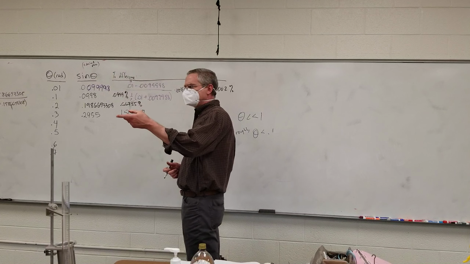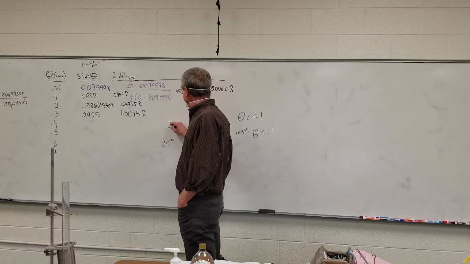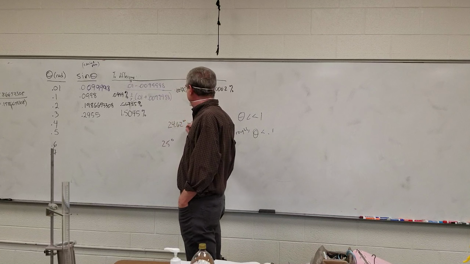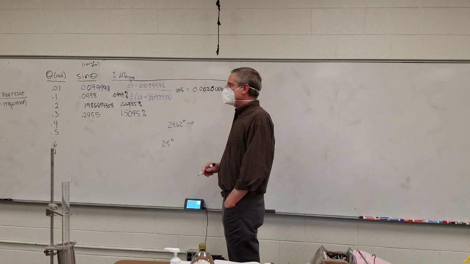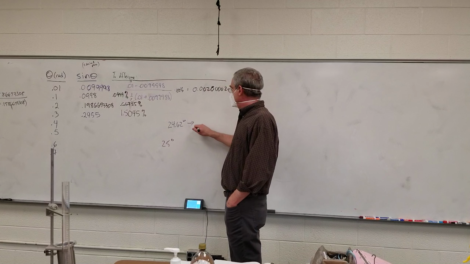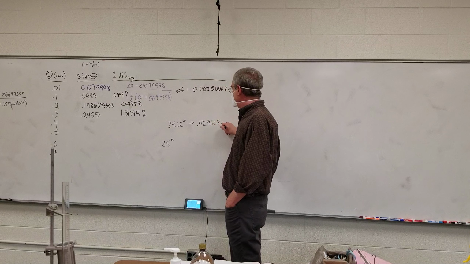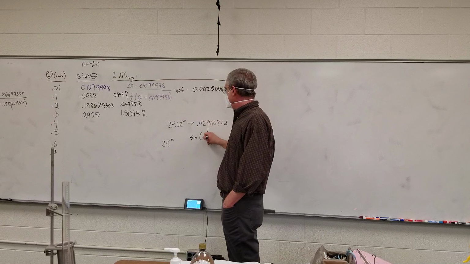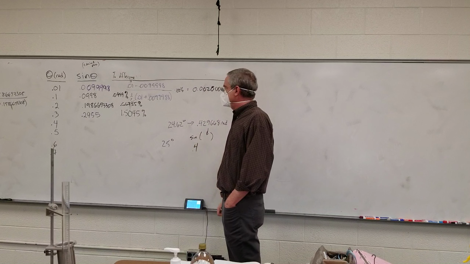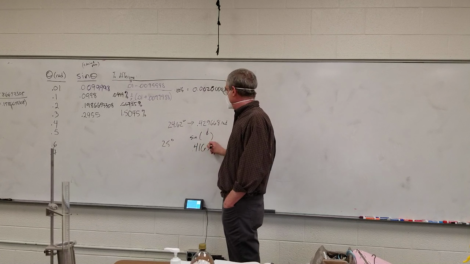So 24.62 divided by 57.3, I'm just going to do that. It's 0.429668 radians. Radians, yeah. All right, and the sine of that? It's 0.41656.